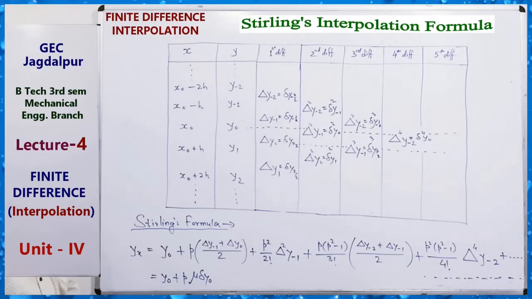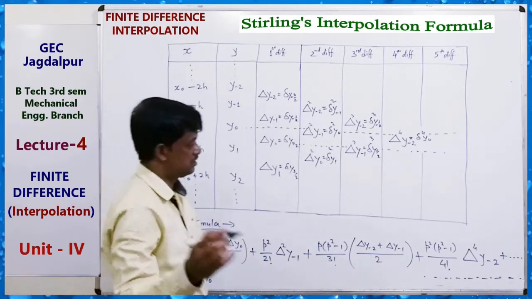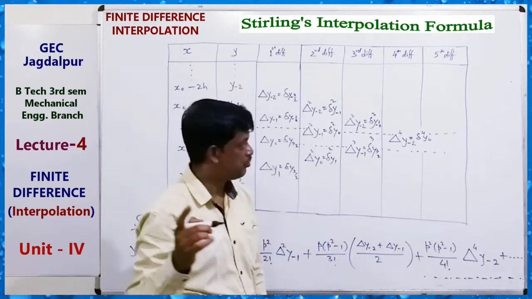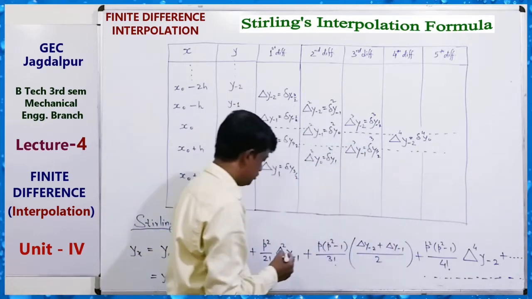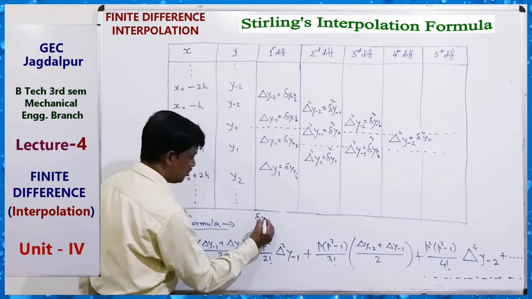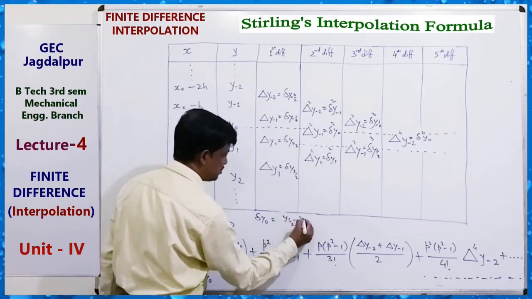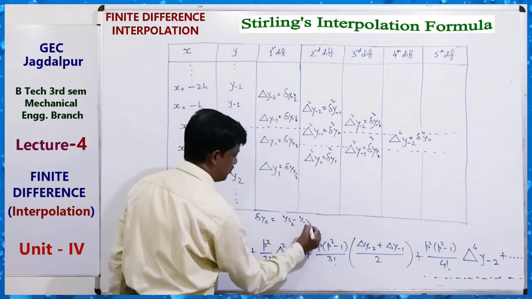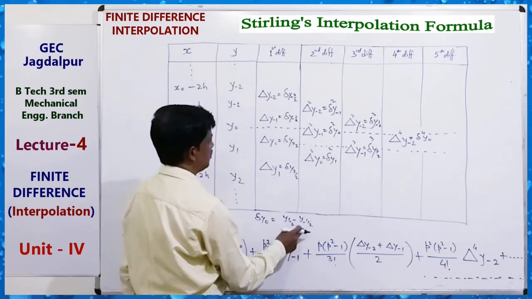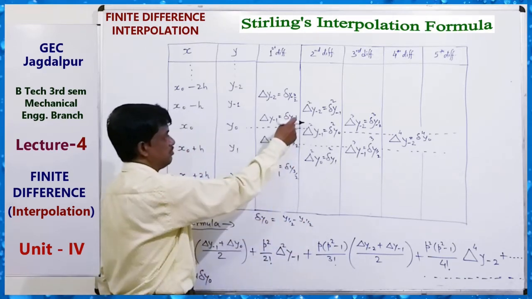You know what delta y0 is? Delta y0 means y half minus y minus half.